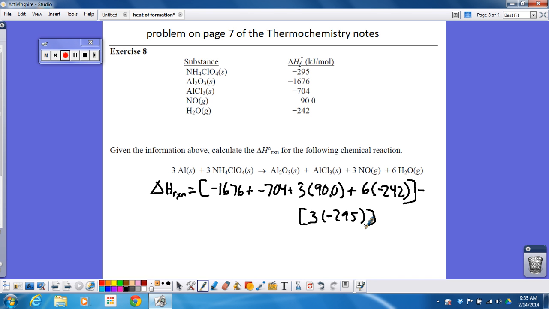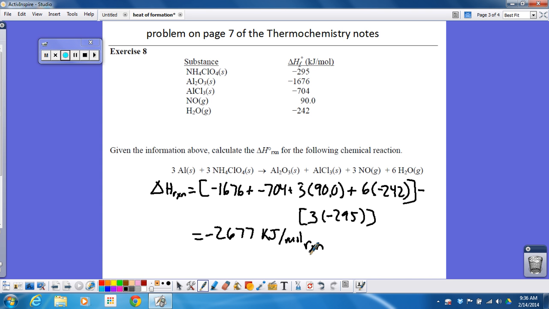So I add up all my products, and then I subtract the reactants. When you do this math, you get negative 2677. And the units of this would be kilojoules per mole reaction because it's for a whole reaction.